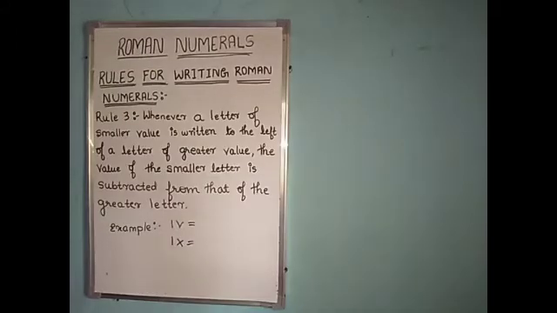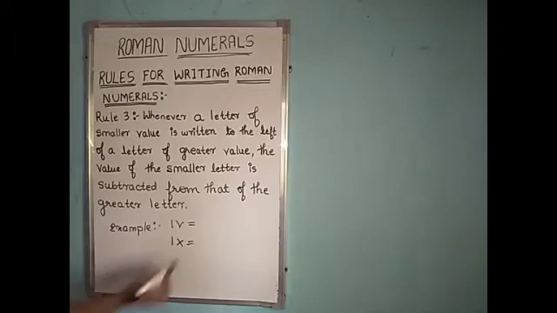Today we will learn the third rule for writing Roman numerals. Whenever a letter of smaller value is written to the left of a letter of greater value, the value of the smaller letter is subtracted from that of the greater letter.